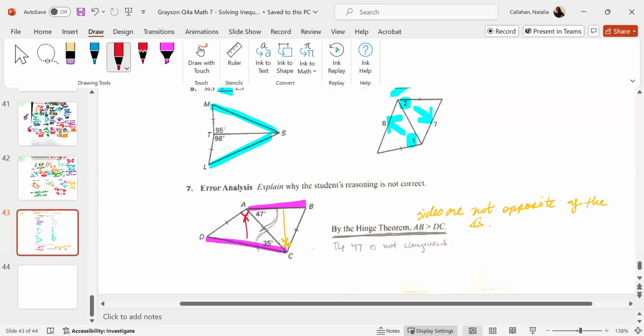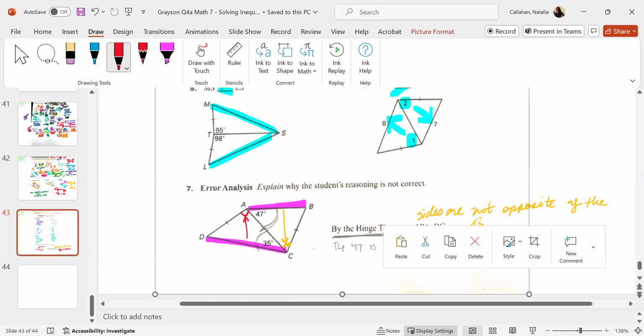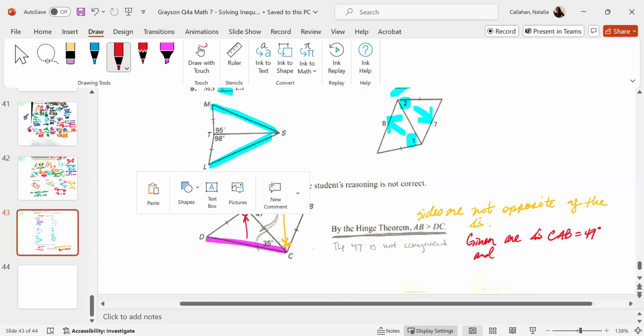Which angle? Okay, so these. Okay, you could say given our angles CAB, which is 47 degrees, correct, which is greater than measurement angle DCA. Do you see that?